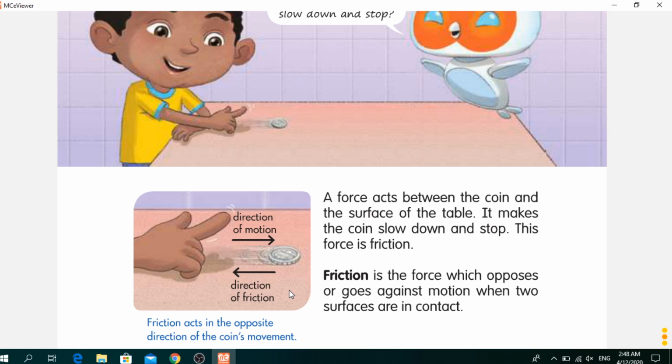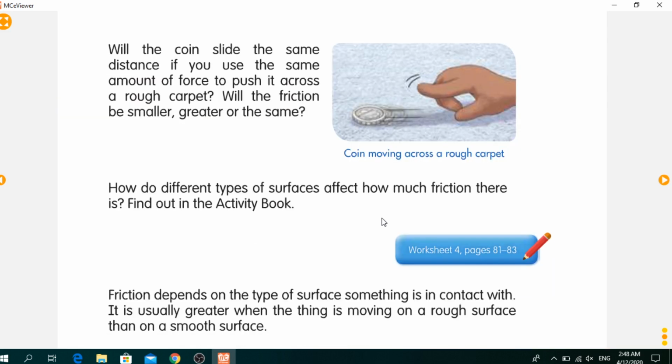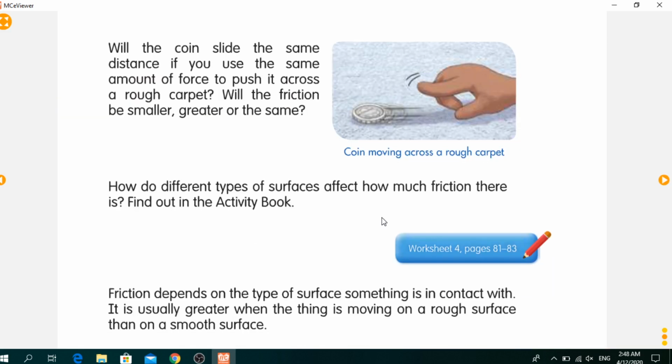Answer about it. When the coin is pushed on a rough surface like a rough carpet with equal force, do you think it will slide the same distance? When I push this coin on a rough carpet like this picture, do you think it will slide the same distance?